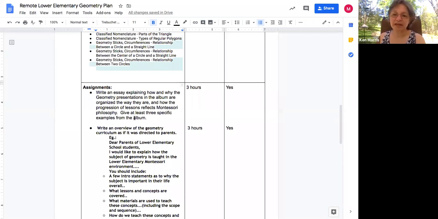Originally, I had it that you were writing 3 short essays, like 1 for each topic in math. And then I decided, no, we're just going to do 1 essay, probably 1 or 2 pages, and just give 3 examples from the album. So it makes it simpler to do, and you're doing the same thing for geometry. And again, the reason I'm doing this is because you're just watching videos.